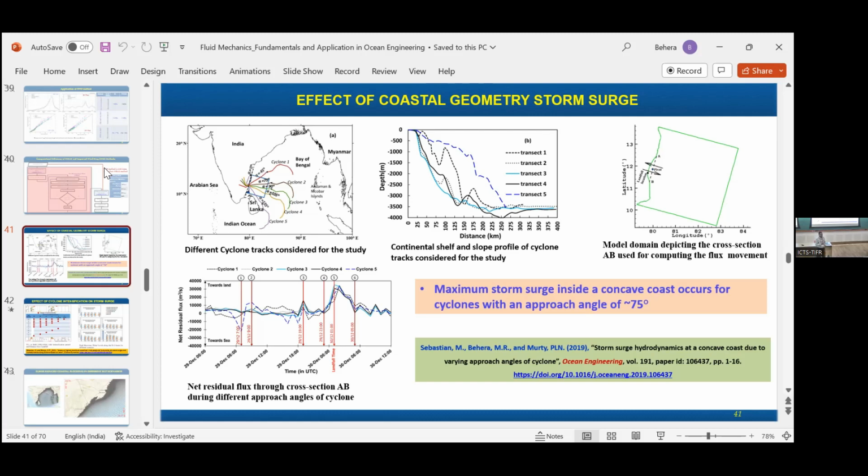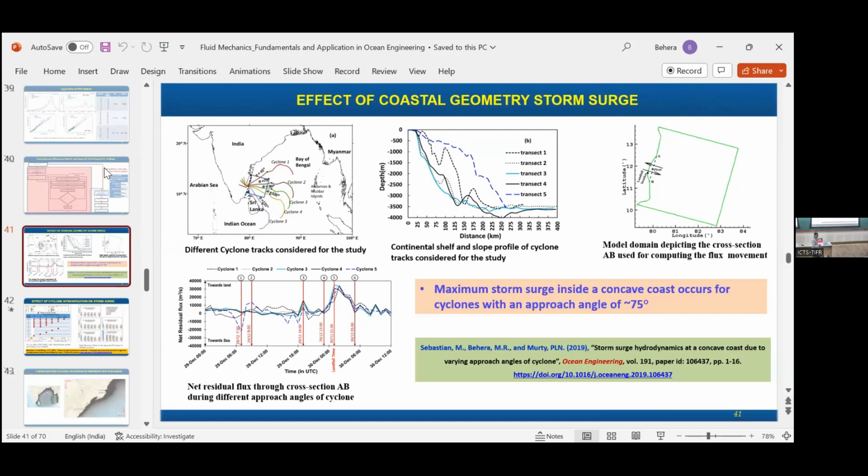Most of the cyclones in the northern Indian Ocean are anticyclonic. So the cyclone is going to move like this. The wind on the right side is going to push the water towards the coast, whereas the wind on the left side is going to pull the water away from the coast. So most of the time, on the right side of the cyclone, the surge is maximum.